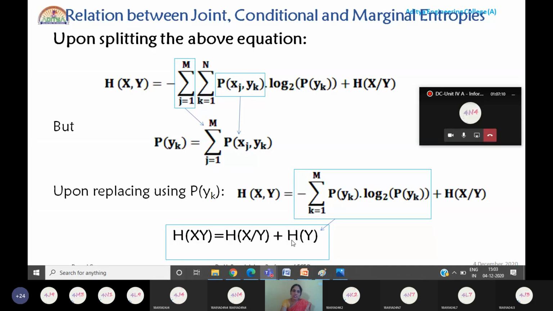So that's why you can replace it as H of y. So H of x by y plus H of y.